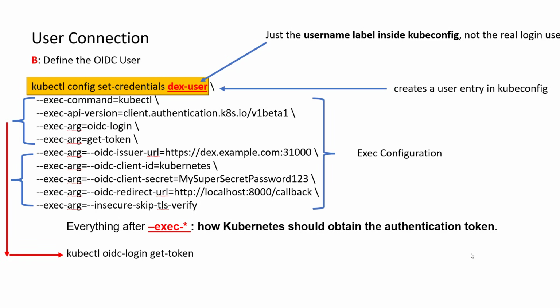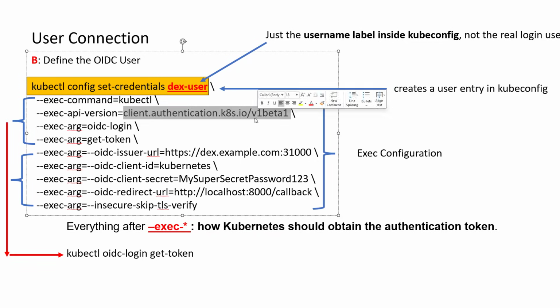As we said earlier, Kubernetes only knows token, not username, not password, only token. So this section, which I divided in two, will run kubectl oidc-login get-token. It will use this plugin to get the token. And this API version is the protocol between Dex and the Kubernetes cluster to handshake with each other.